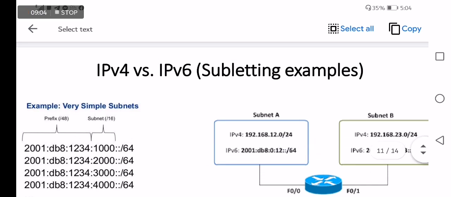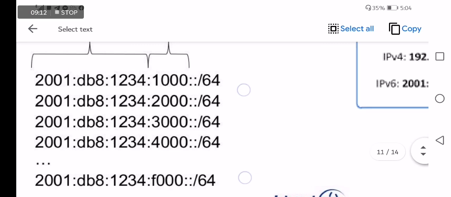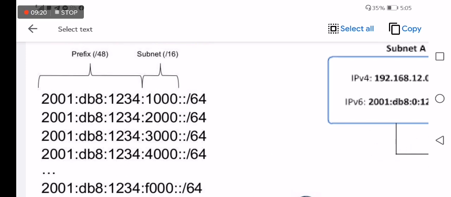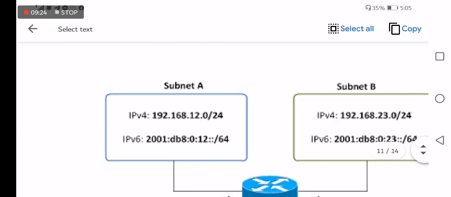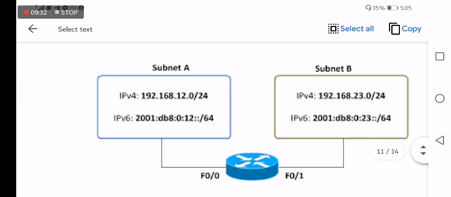As an example of v4 and v6 subnetting, here we have many subnets appearing in v6 with 16 bits, starting from 1000 to F0000. Also, we have here two subnets, A and B, each subnet represented by an IP version 4 class C with a different network part, and IPv6 uses the same site address ending in 0 before the 12 and before the 23.